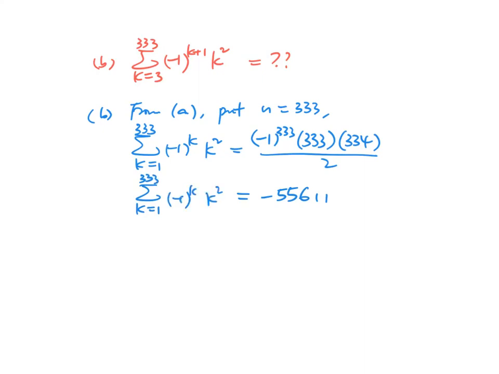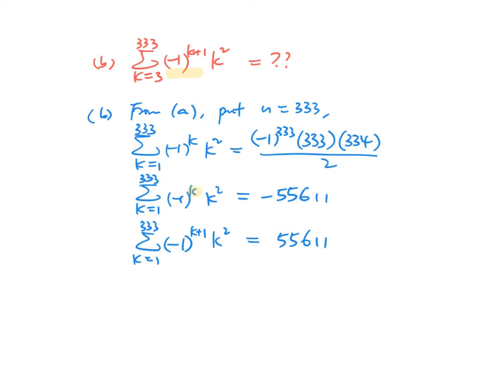In order to fit with the formula, I need minus 1 to the power k plus 1, so the power is missing. So I multiply minus 1 on both sides, which becomes the summation of minus 1 to the power k plus 1, k squared, and on the right becomes 55611 accordingly. And so we settle the first part.